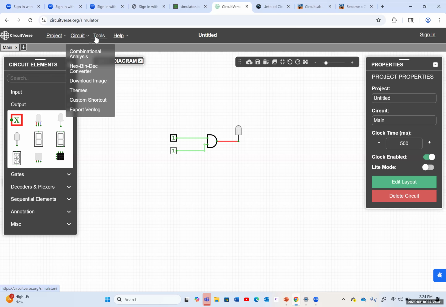You can run different circuits and so on. So this is another circuit simulator that you can use.